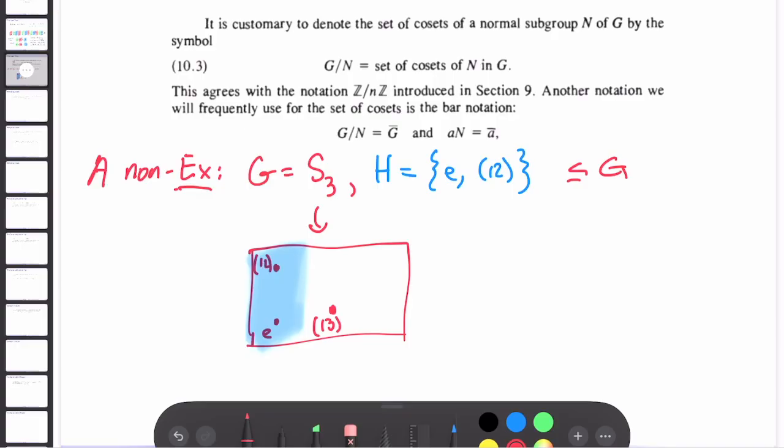And so if we think about what the coset containing (1 3) is going to look like, of course, if you multiply by the identity, you get back itself. So that's not so interesting.